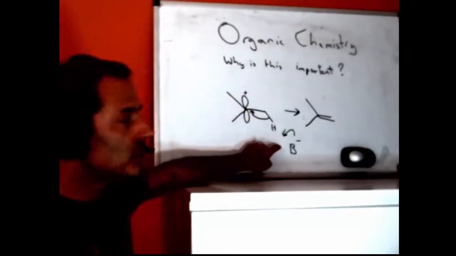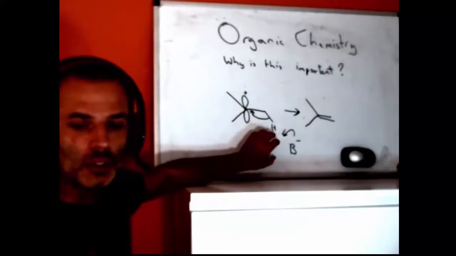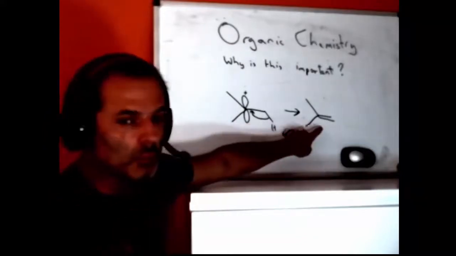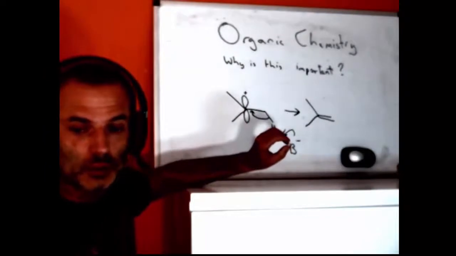So what we then have is a side reaction that does something. This is good and bad, because if we have a handle on this, if we can control this, we can decide whether we make a double bond or whether we make a substitution product.